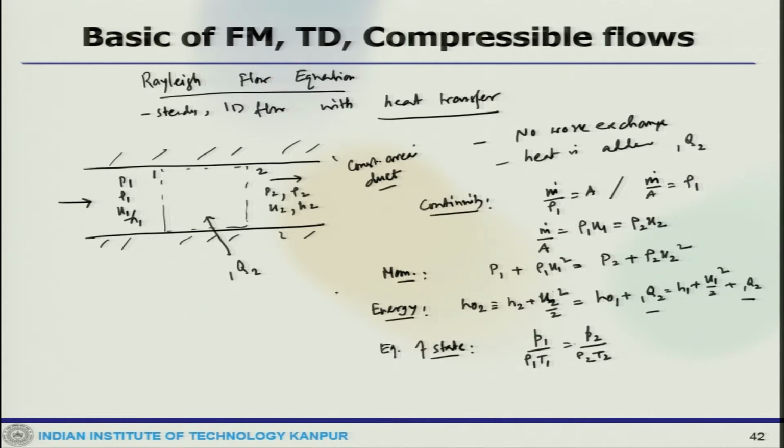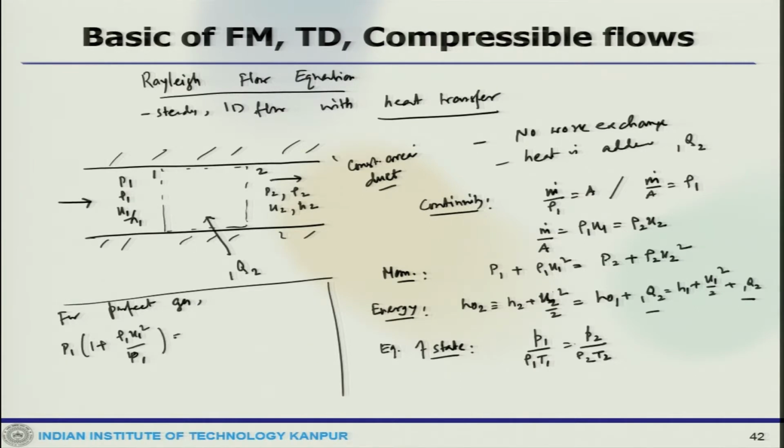Now, for a perfect gas we rewrite the momentum equation as P1 into 1 plus rho 1 U1 square by P1 equals P2 into 1 plus rho 2 U2 square by P2. This gives P2 by P1 equals 1 plus gamma m1 square over 1 plus gamma m2 square.